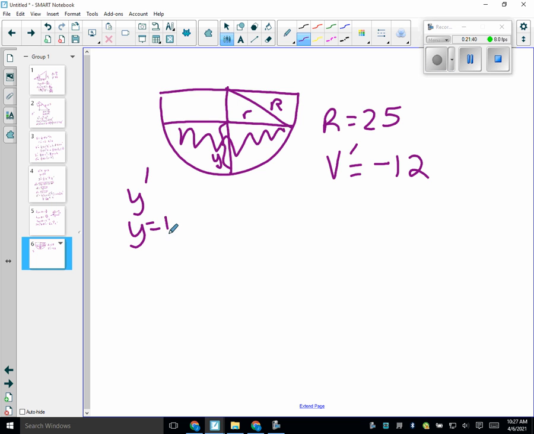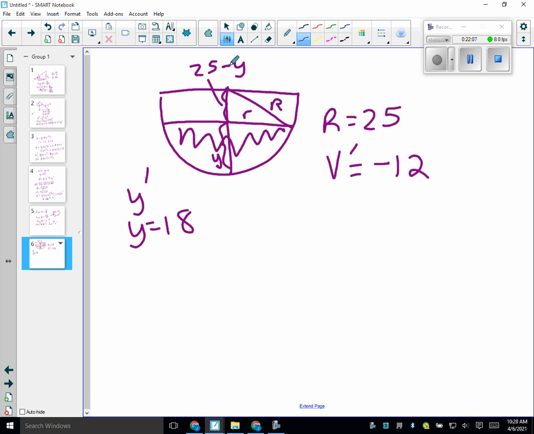So when Y is 18. Everybody agree with that? Yep. All right. So if this is Y right here, is this piece 25 minus Y? Right?